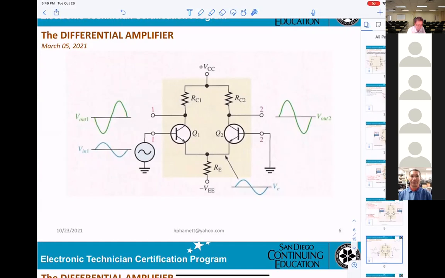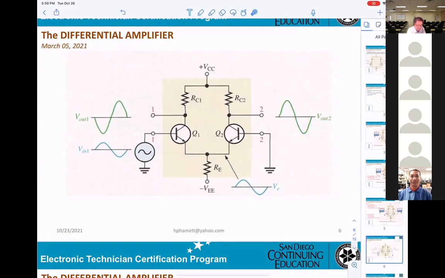And also they tell you at the emitter here, you get the same signal as on the input here. And Q2 will be a common base amplifier, so the output will be in phase with the input here. And that is how they look.